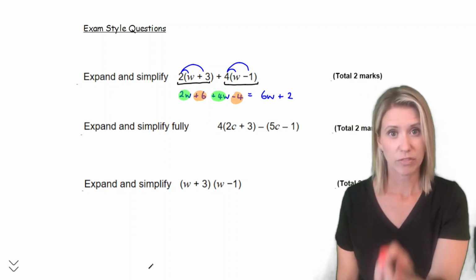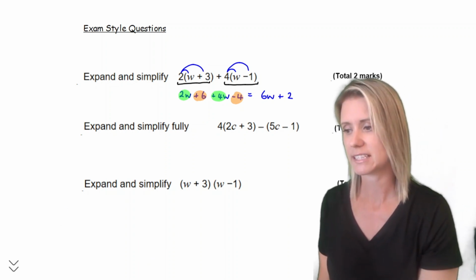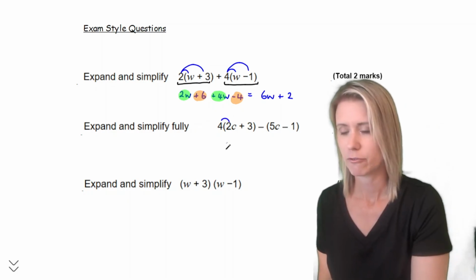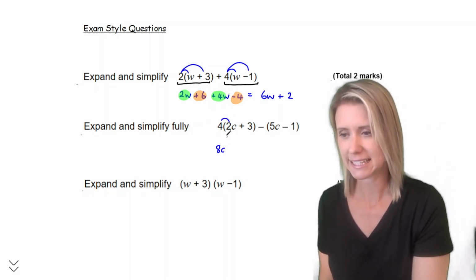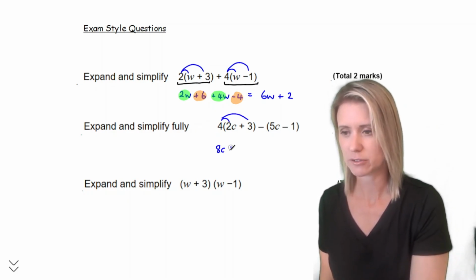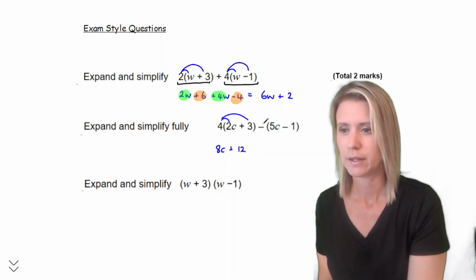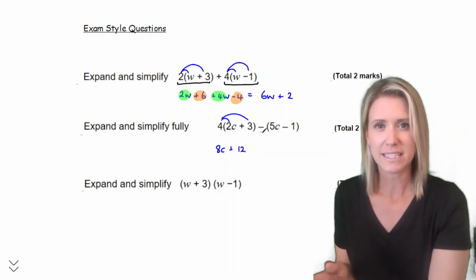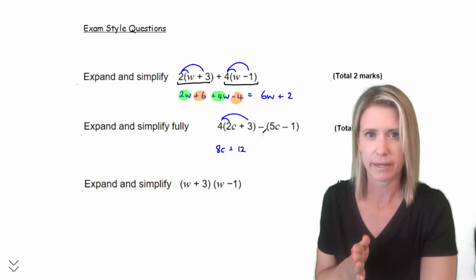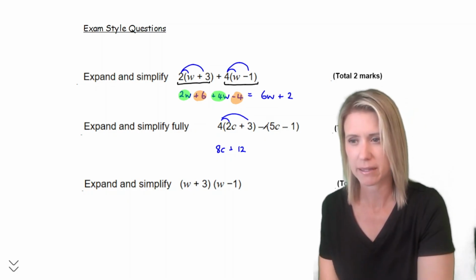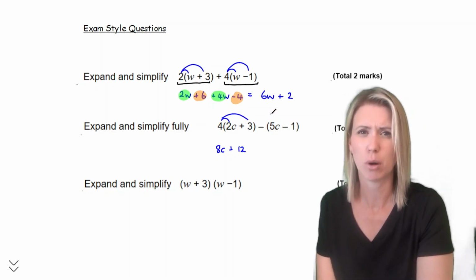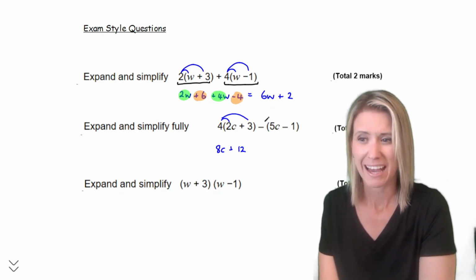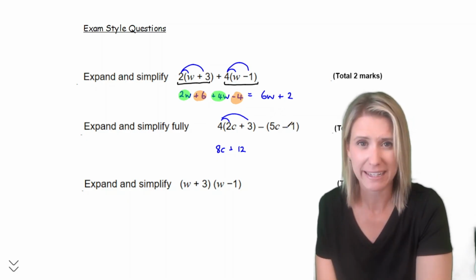Another one now with those negative signs. If you've tried this, let's check that you've not made that error. 4 multiplied by 2c is 8c. 4 times 3 is 12. Now, -1 is effectively the number in front of it if there is no number, because we're doing negative multiplied by 5c. A negative multiplied by -1.